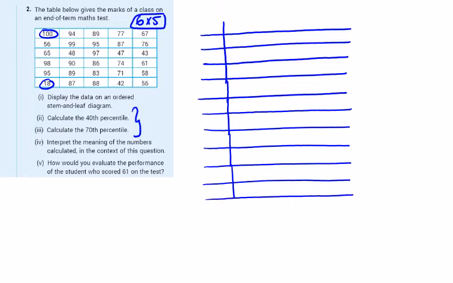So if we go column by column, 1 is the lowest, 18, so 1, a 2, a 3, 5, 6, 7, an 8, a 9, and a 10.